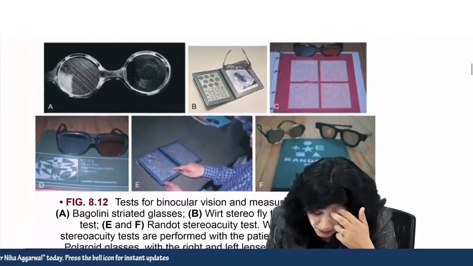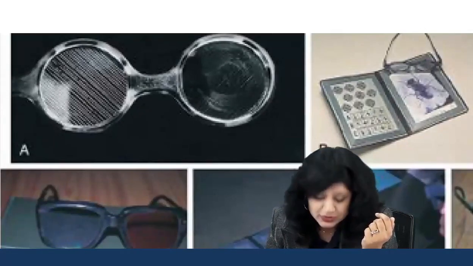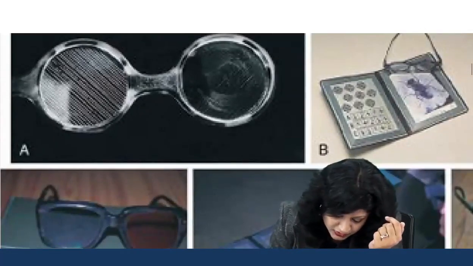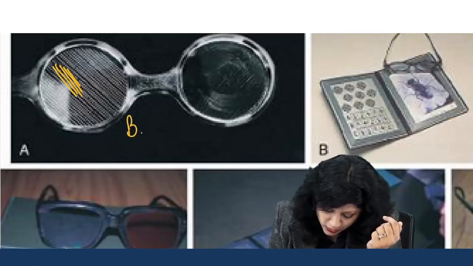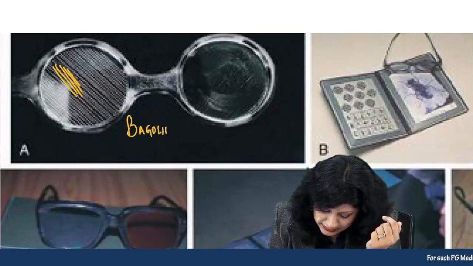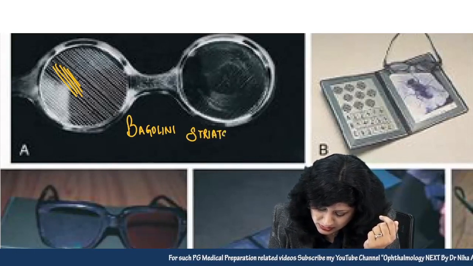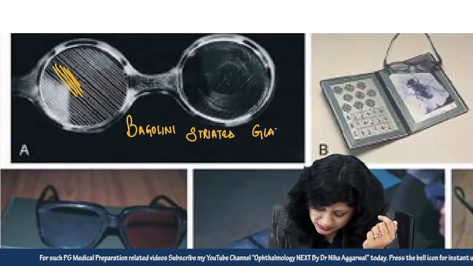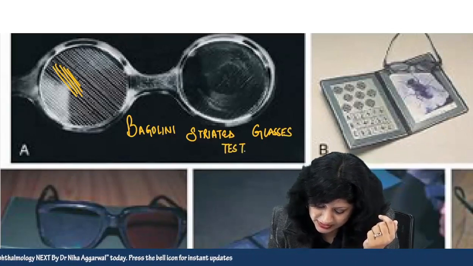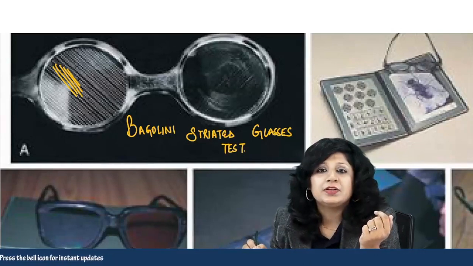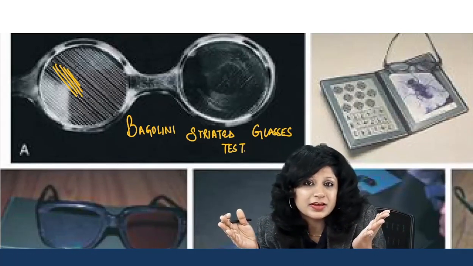Okay. Now see this, we have different kinds of tests here. Can you see this one? What is this? Can you see the very thin striations? So this is your Bagolini striated glasses test, where these striations split and dissociate the two images.